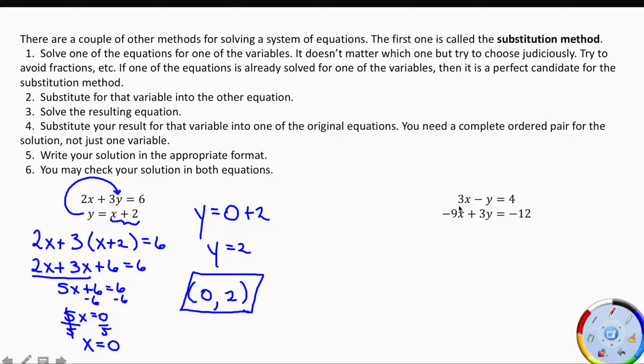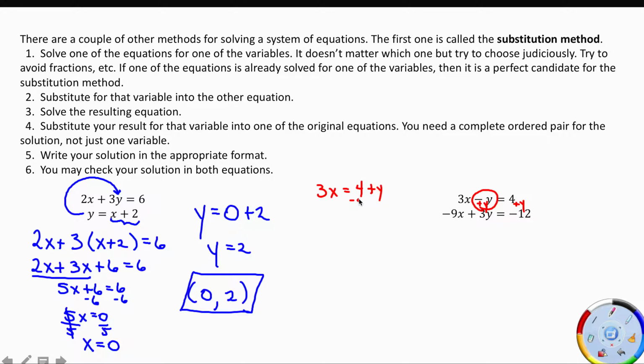and I've got a couple of choices, I can subtract 3x from both sides and then get rid of the negative, right? Divide everything by -1. Or what I'm going to choose to do, I'm going to add y to both sides and then subtract 4. So I wind up with 3x equals 4 plus y, right?